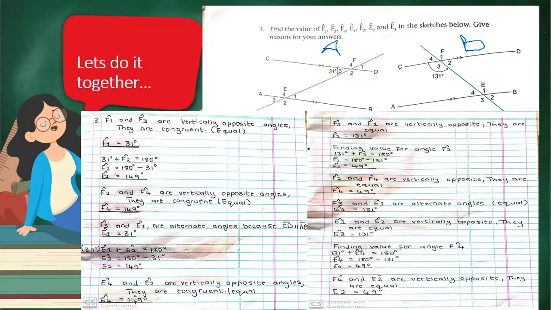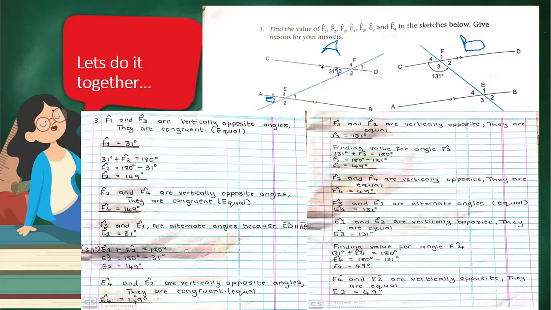Okay. So here in sketch A, we only have the value for this angle right here, which is our angle F3. Now let's find the value for this angle right here, which is angle E3.